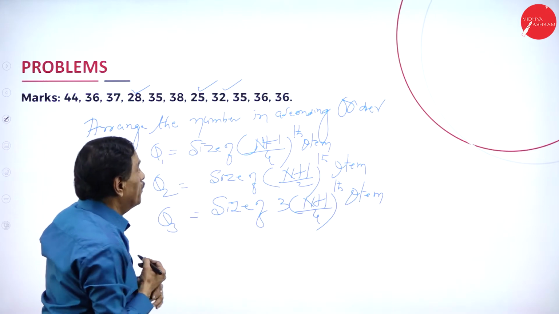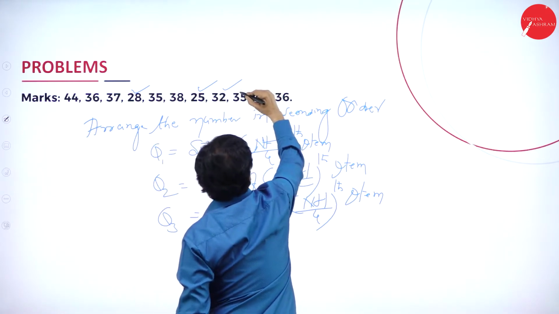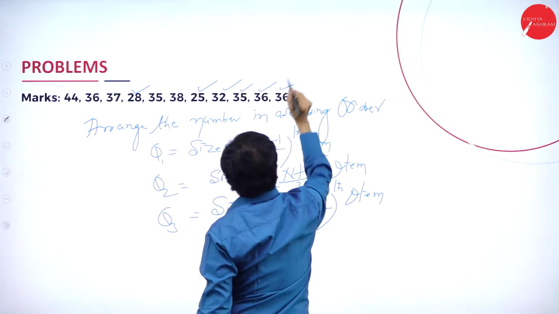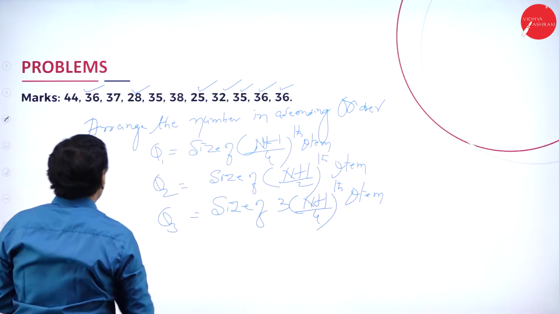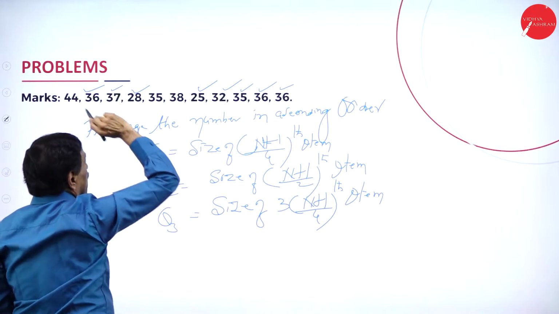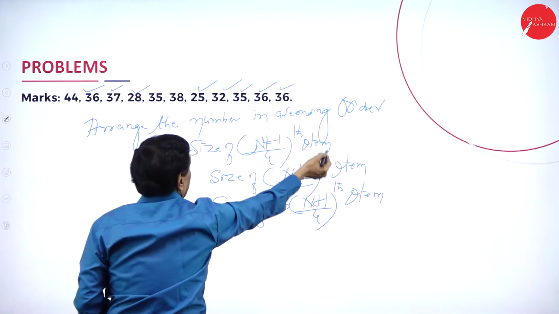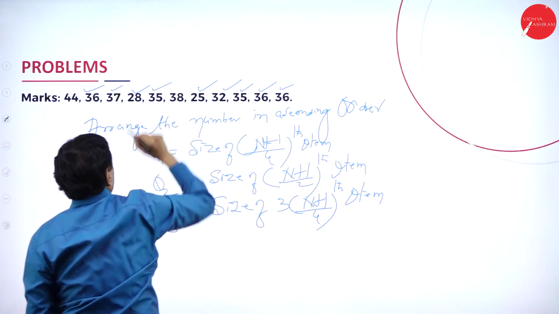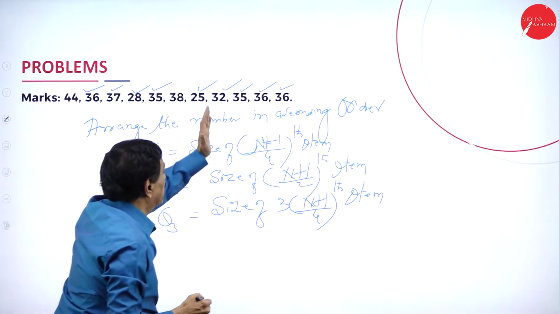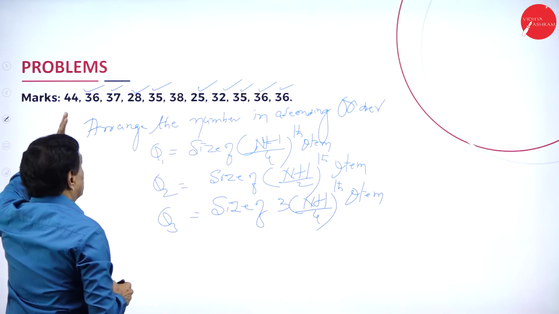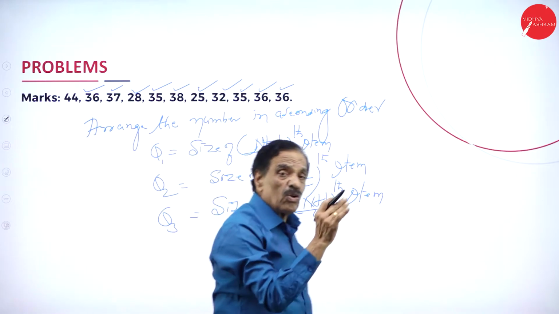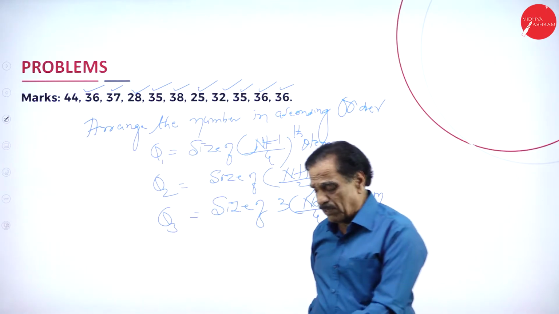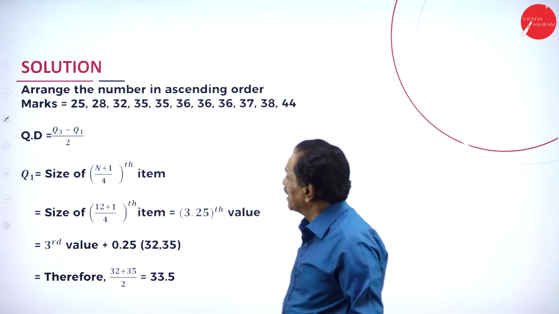After 32, what do we get? 35. Then 36, 36. Before that 35, you got one more 35. Then 36, 36, then 37, and the last number is 38. This should be arranged the same way, lowest number to highest number. See that?